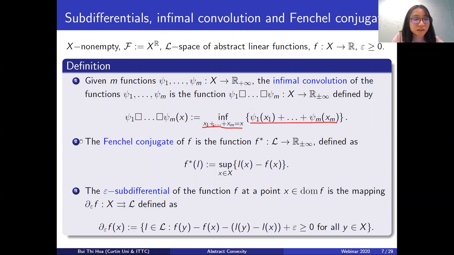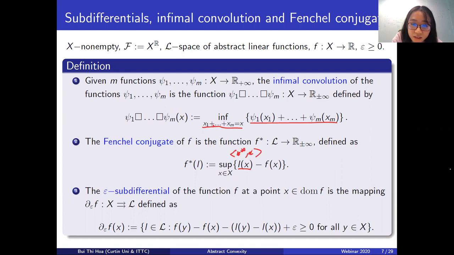So that's the reason why we impose the two conditions. And the next terminology is the Fenchel conjugate. It is also straightforward. If you replace Lx here in the standard convex analysis, you have x star x. So this is a standard definition of the Fenchel conjugate. And for subdifferentials, the same thing.